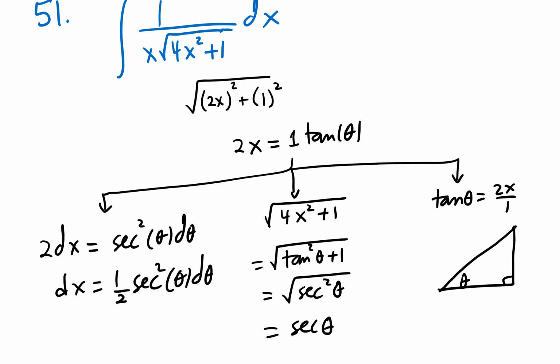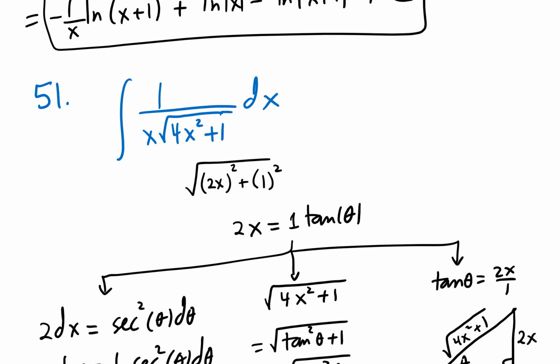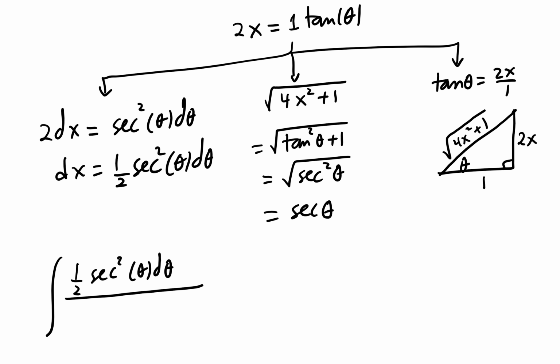Tangent is opposite over adjacent. By the Pythagorean theorem, we get the square root of 4x squared plus 1. Then the integral becomes, on the top you put 1/2 secant squared theta d theta, and in the denominator, first, if you look outside, we have x, and x is tan theta over 2, so 1/2 tan theta, and also the square root came out to secant theta.